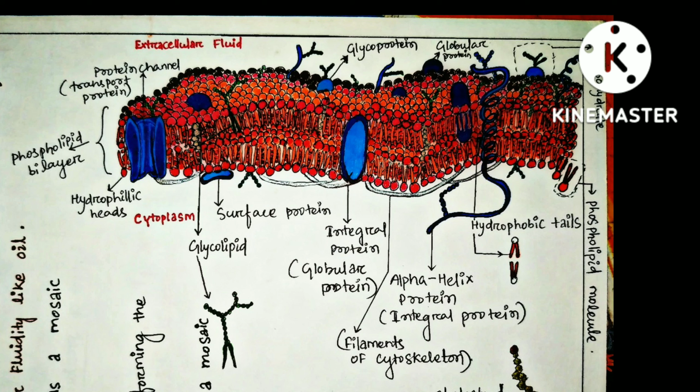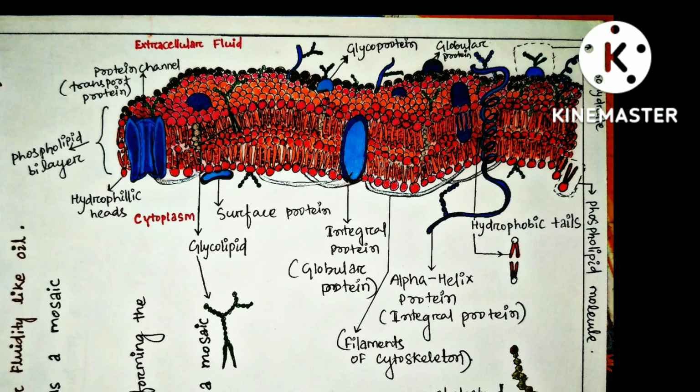They cannot be easily separated. The second type of protein molecules do not enter deeply into the lipid layers but remain attached to their surface only. These are called extrinsic proteins. They are easily separable.